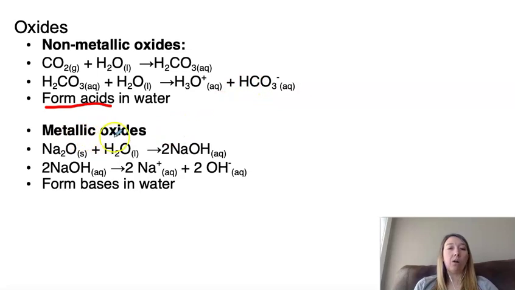If I look at metallic oxides, they're a little bit different. So these obviously contain a metal with oxygen. So here I have sodium oxide. It also undergoes a formation reaction with water. But this is going to produce sodium hydroxide. So what we find is that metallic oxides form bases, okay? Whereas those non-metallic ones form acids.